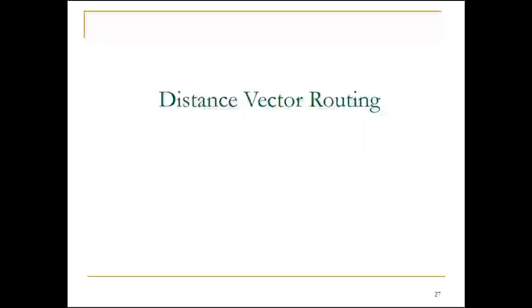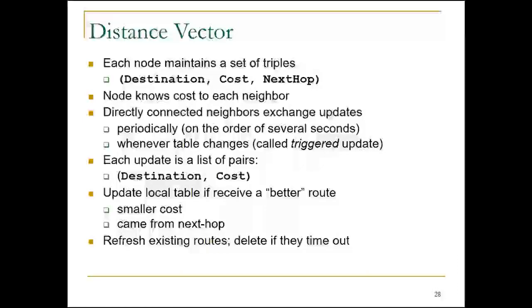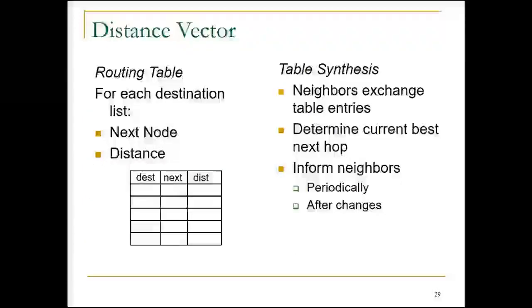So when there's a failure, it's all about neighbors updating their neighbors about the failure or the challenge with a particular link, and then they update that information in their routing tables.